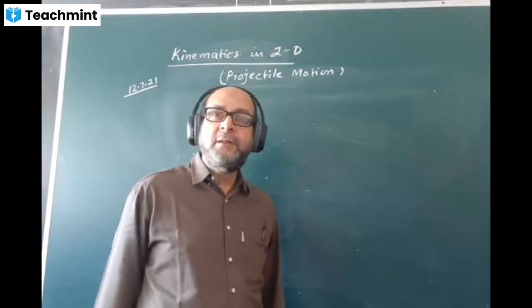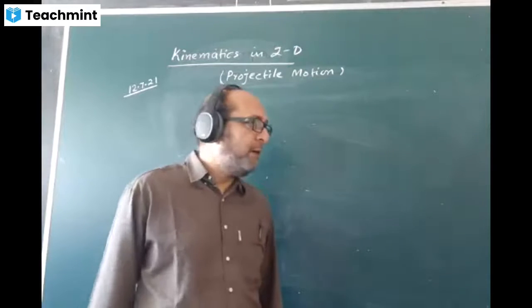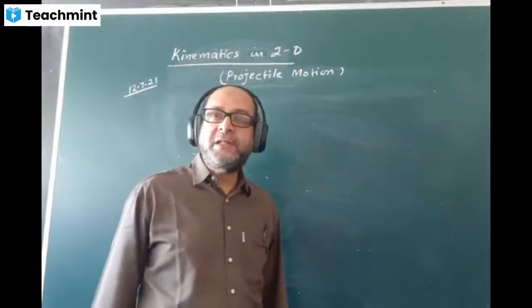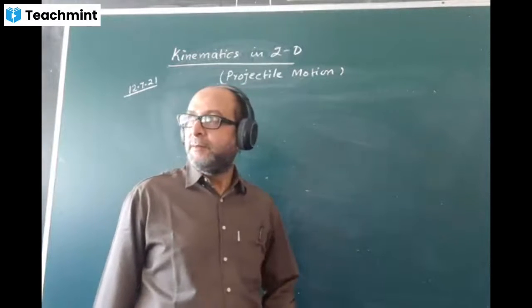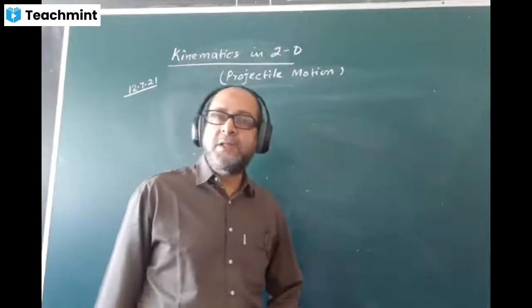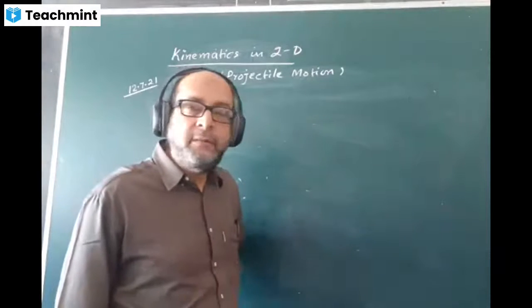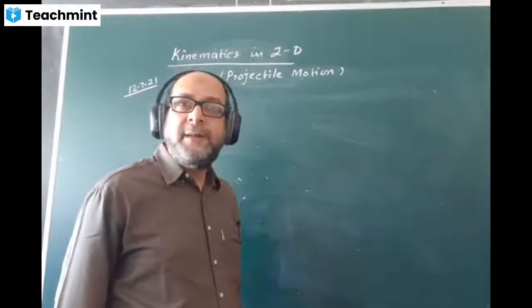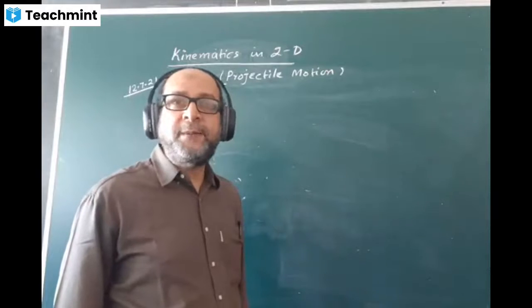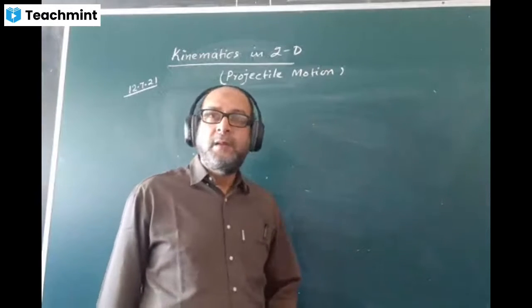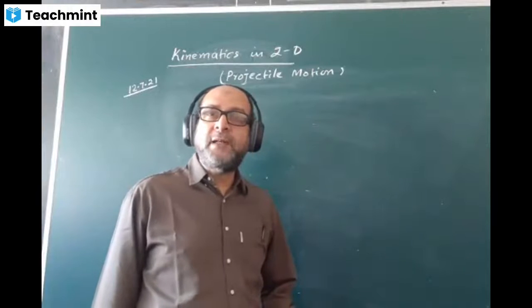And the third part, the horizontal distance covered. Under bracket, g is equal to 10 meters per second square.